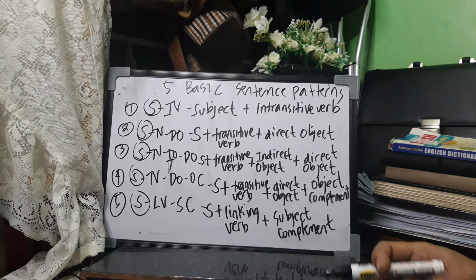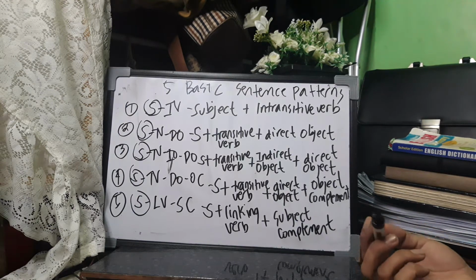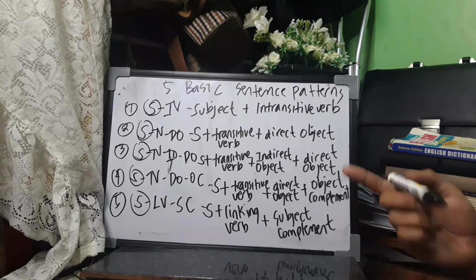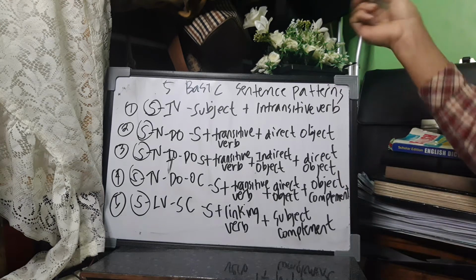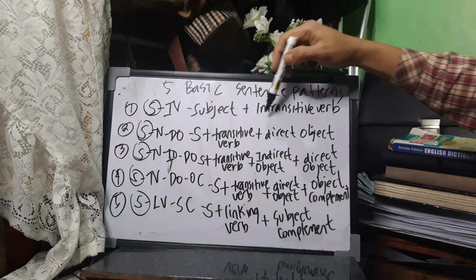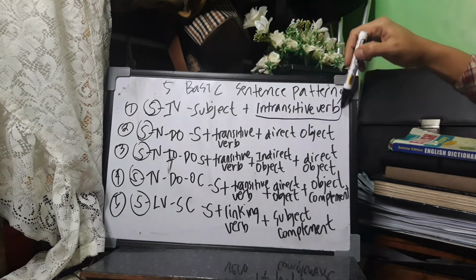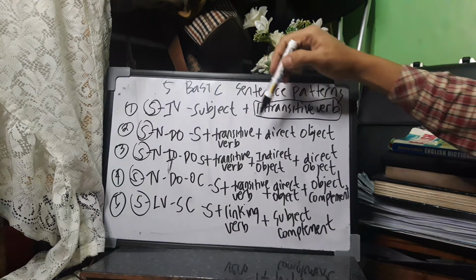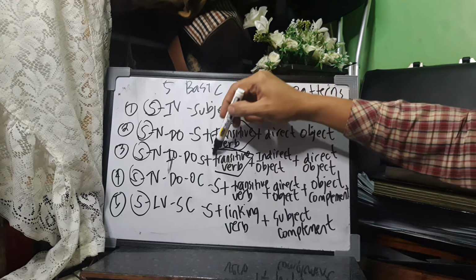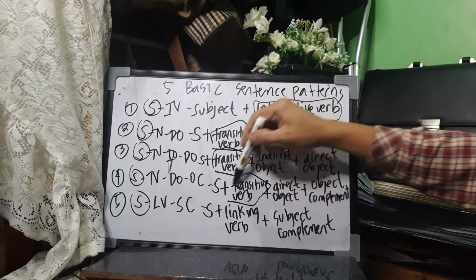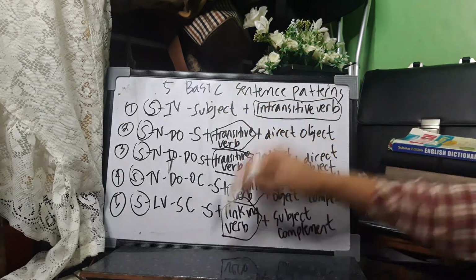Now, teacher, with these five sentence patterns, how do we construct them? But before I teach you that, look at the board, guys. We have actually three types of verbs. We have the intransitive verb, the transitive verb, and the linking verb.